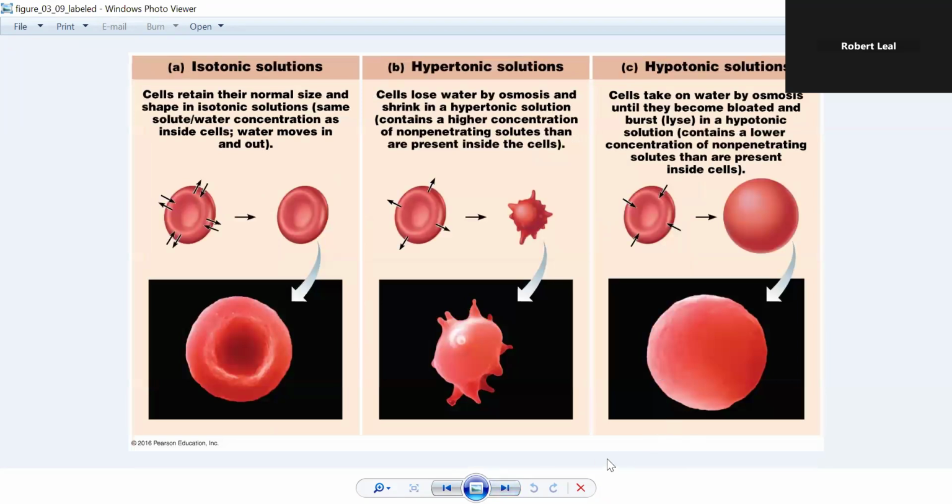All right, this is a scenario where if you're given solutions in the body, you want to mimic what's in your cells. That way it doesn't draw water out of your cells in excess, nor will excess amount of water want to go in the cells. You want to, if you introduce solutions in the body, to mimic already what's in the cell. So let's just take each scenario one at a time.